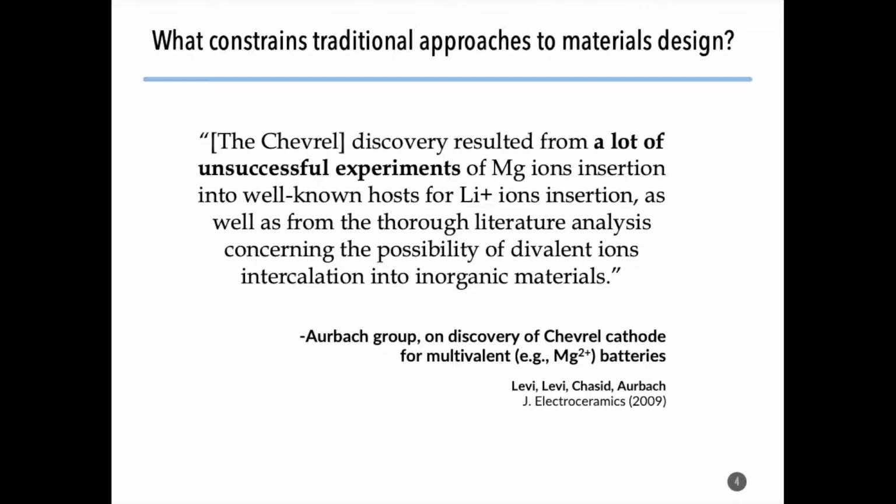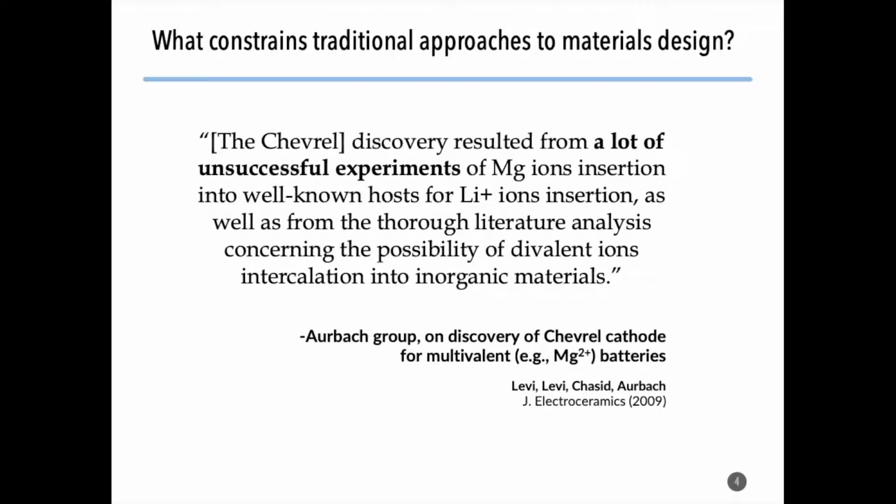And in one of their papers, they described how they found this material. And what they wrote is it resulted from a lot of unsuccessful experiments of magnesium ion insertion into things that were already known to work well for lithium. And they also did a lot of literature analysis as to what sorts of materials might actually let 2+ ions diffuse through the material.